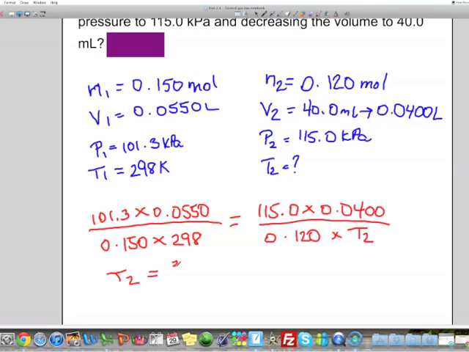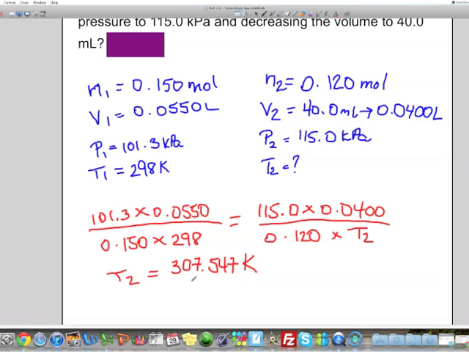So I will get a T2 of 307.547. I have more decimals, but I don't need them. Now, this is in Kelvin, obviously. First of all, I will verify my significant figures. So I have 4, 3, 3, 3, 4, 3, and 3.